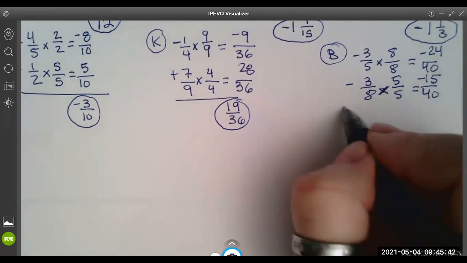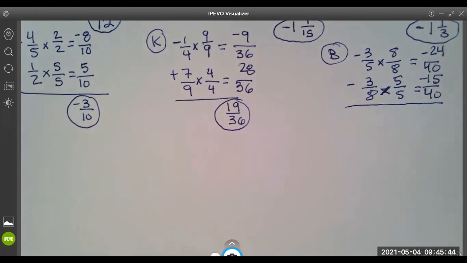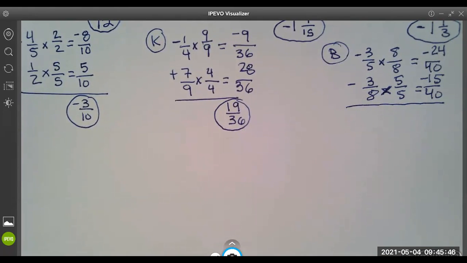Now, are these the same sign? Yes. So what are we going to do about these? Because they're the same sign. What do we do when they're the same sign?